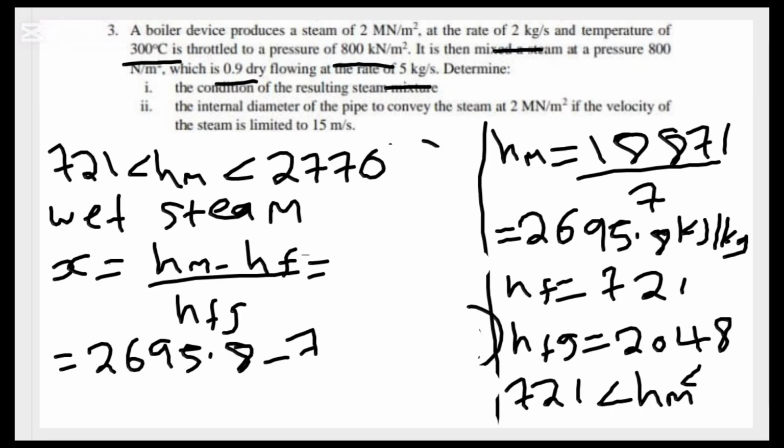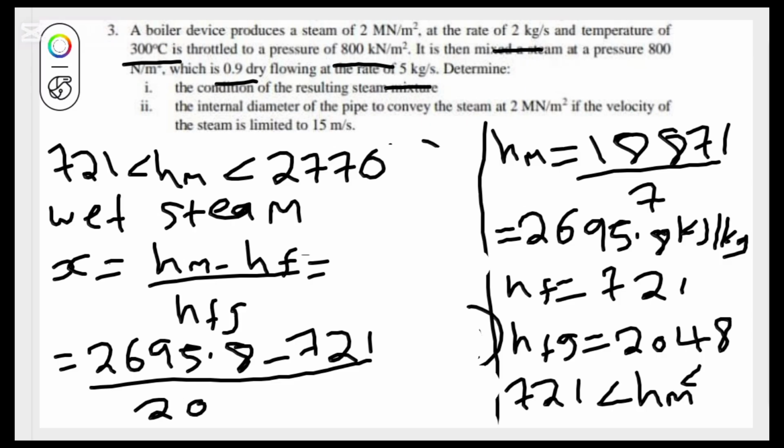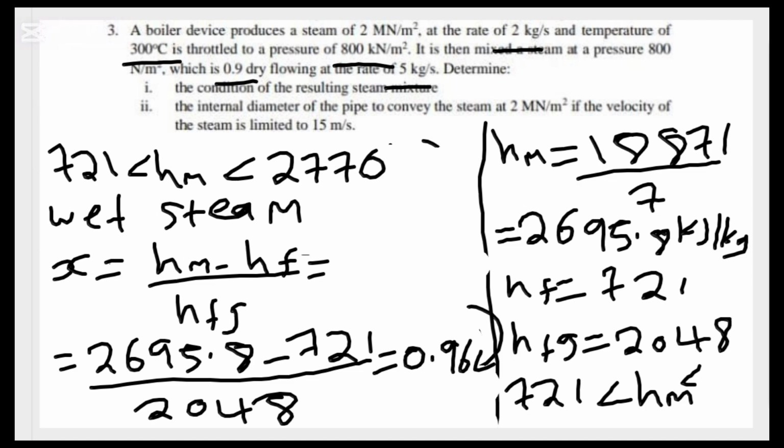I will subtract the h_f, which is 721, and divide it by h_fg, which is 2048. So at the end, my dryness fraction will be 0.964.